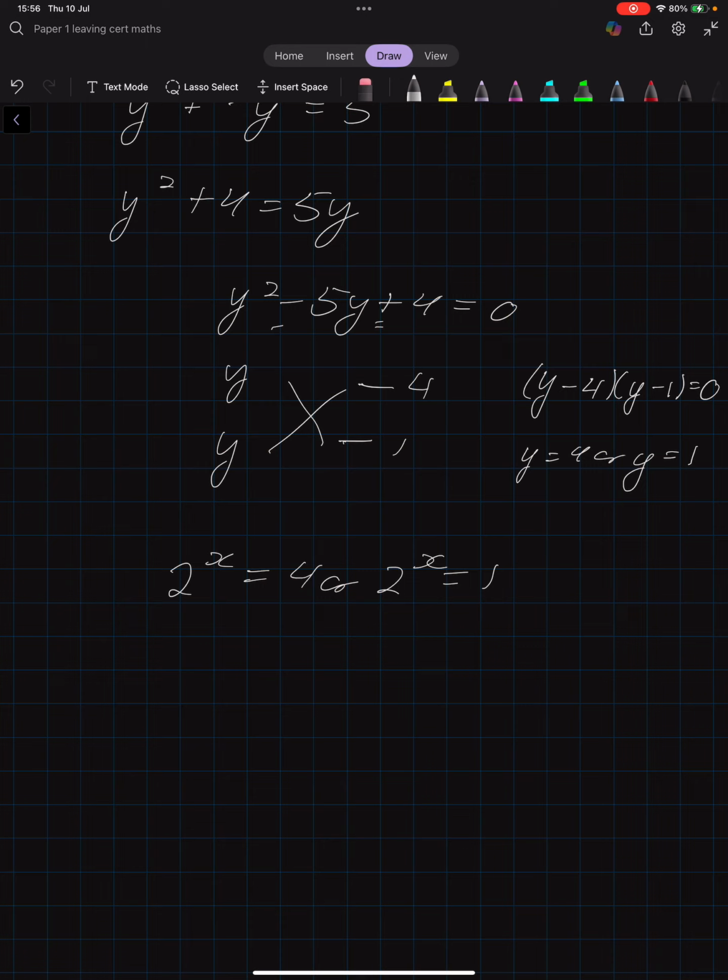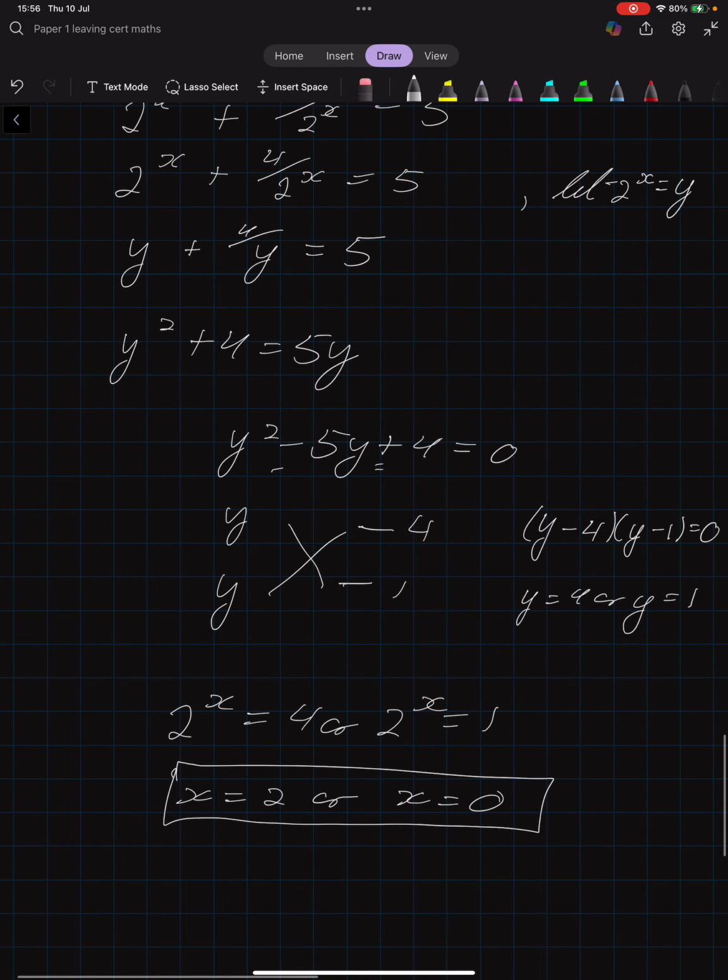We saw a while ago that 2 squared would equal 4. And then the other one is 2 to the power of x equals 1. Remember, anything to the power of 0 is always 1. So in this case, x would equal 0. Okay? That is how you do that.